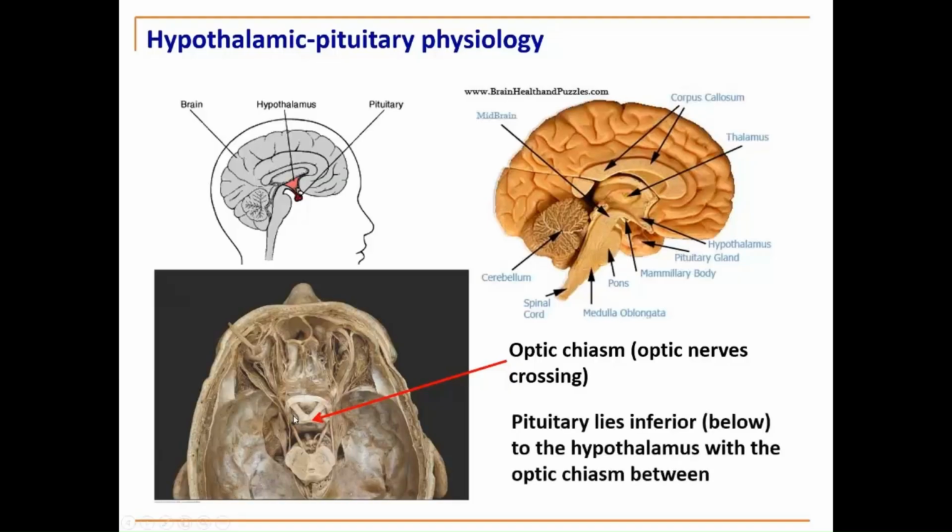The pituitary gland lies inferior to the hypothalamus with the optic chiasm in between. So if someone were to get a pituitary tumor, for example, that can compress on the optic chiasm, leading to visual field defects. An example would be loss of peripheral vision, which is one of the features that someone gets if you get too large a pituitary tumor compressing that optic chiasm.